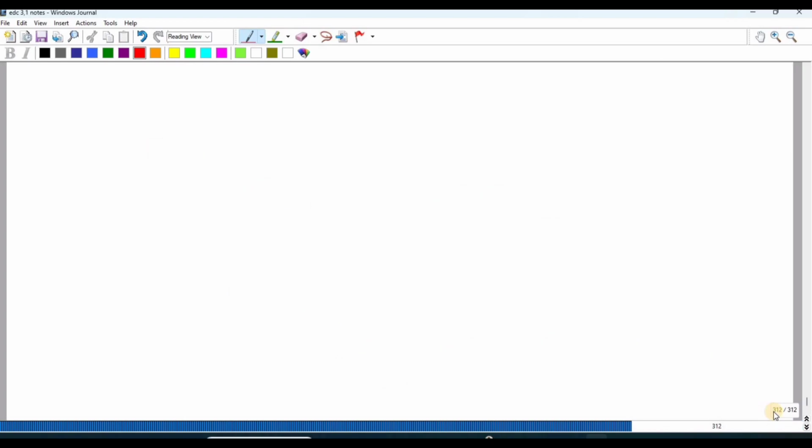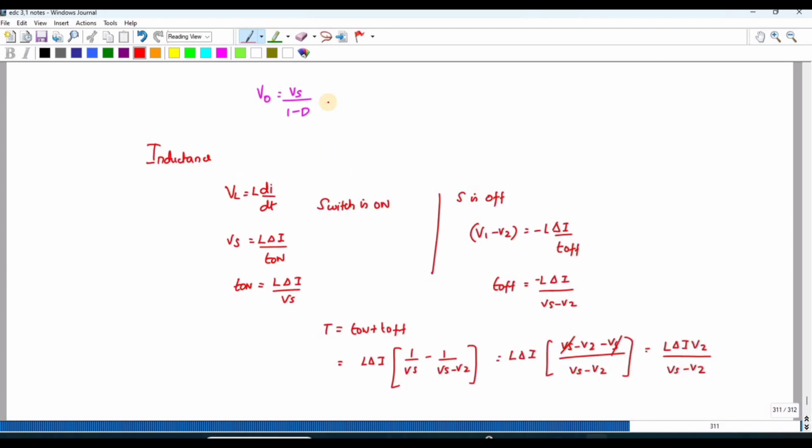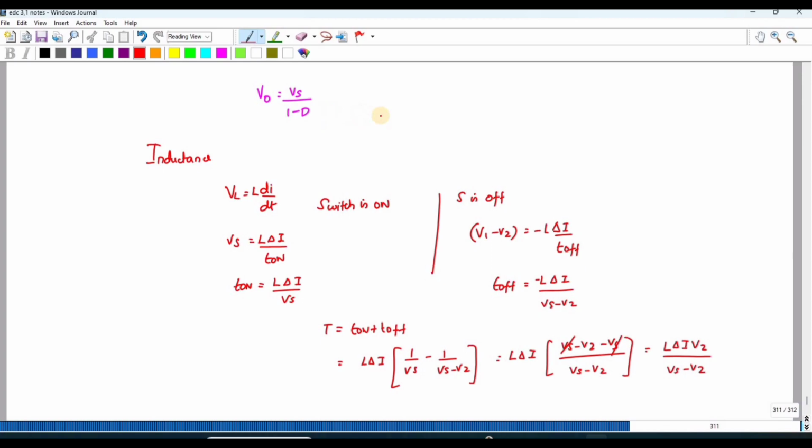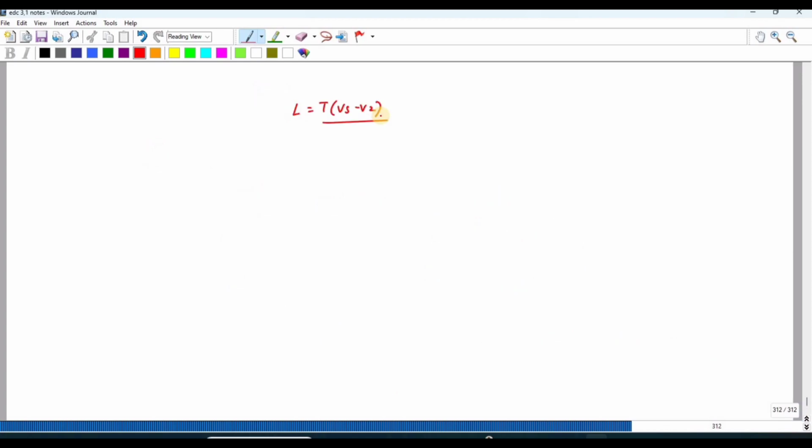So what is the value of L now? L is equal to T Vs into Vs minus V2 divided by del I V2.